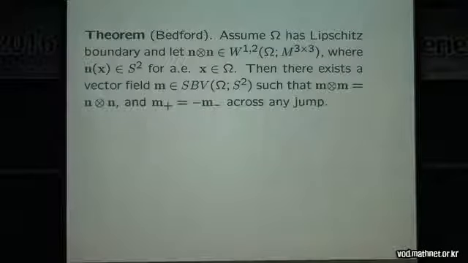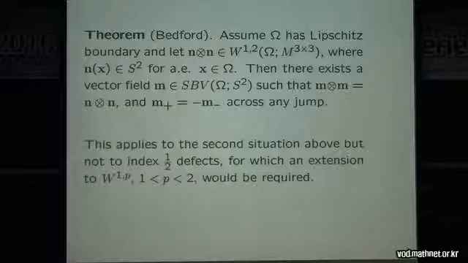So Stephen Bedford, who's a very, very good student, but left mathematics to go and work on computer games just recently, wrote an excellent thesis. This is one of the things in his thesis. He did a lifting theorem for this. So if you know that n is in W^{1,2}, then you can always find an SBV function m such that it gives the same line field, and m plus is equal to minus m minus across any jump.